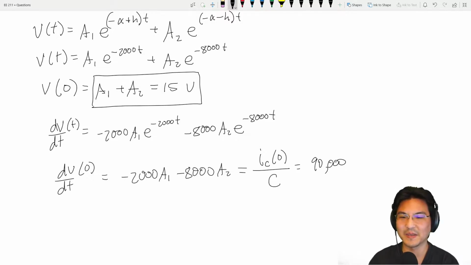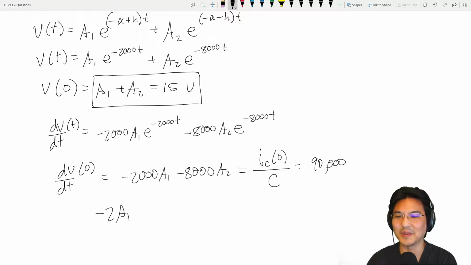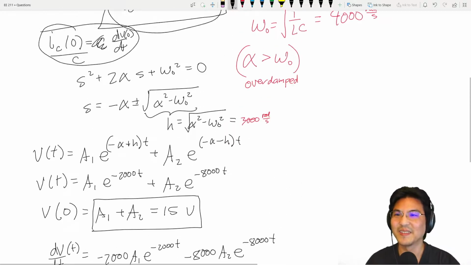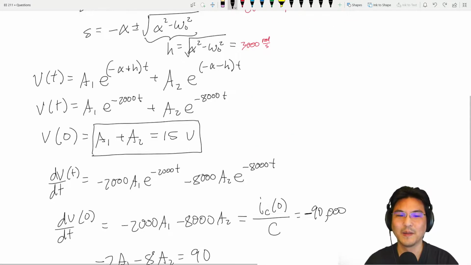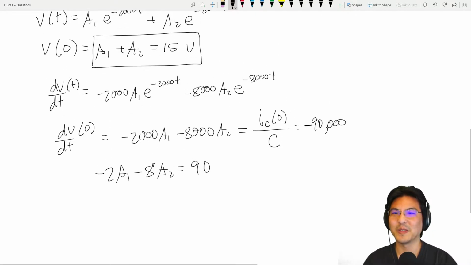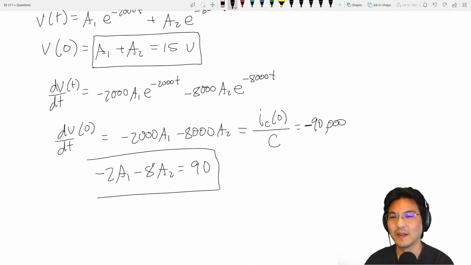And then if we just divide this whole equation by 1,000, minus 2a1 minus 8a2 equals 90. Oh, sorry. That should be a negative. I lost my minus sign, right? Because this is negative 90. Okay, so we have two equations and two unknowns.